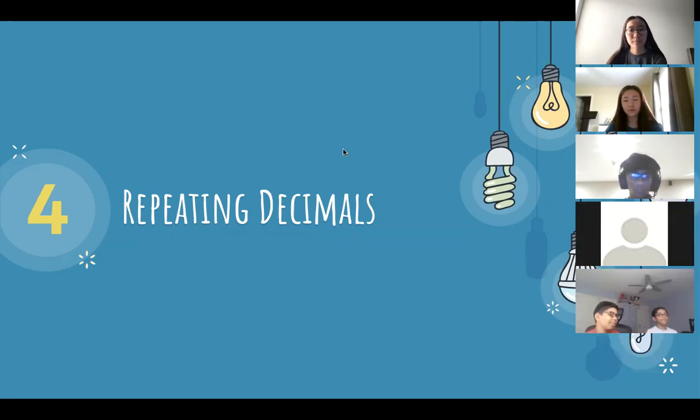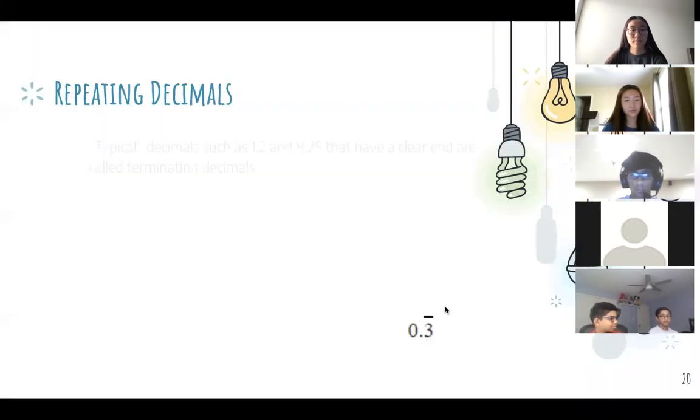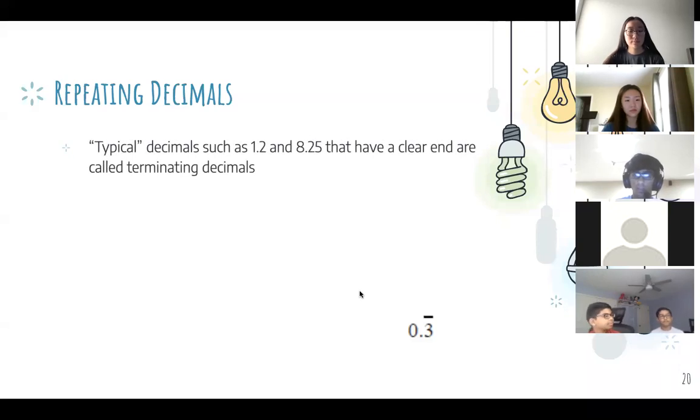Are repeating decimals like irrational numbers? We're going to cover repeating decimals. Okay, so we're going to do repeating decimals now. Typical decimals such as 1.2 and 8.25 have a clear end.